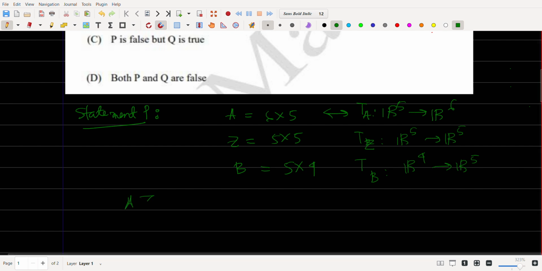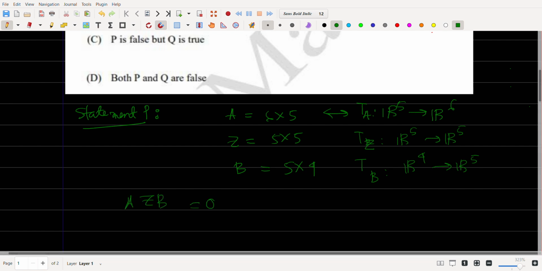AZB equal to 0 is equivalent to showing that the composition is zero.